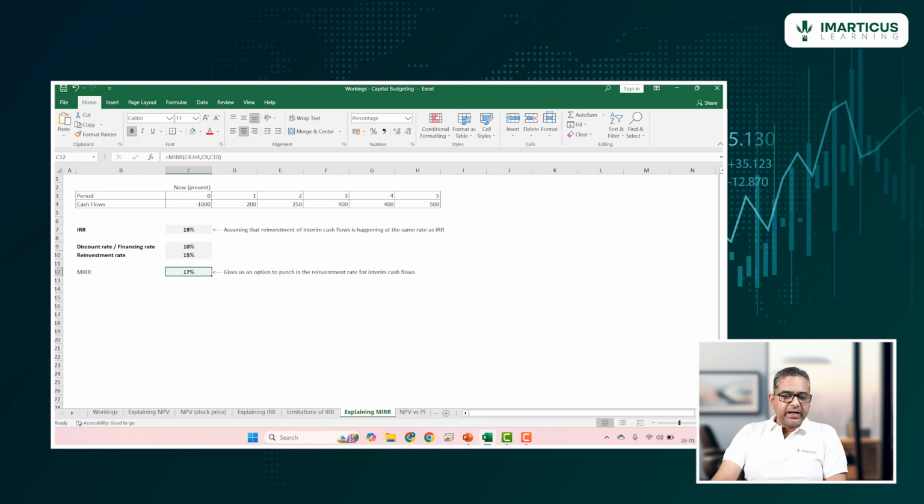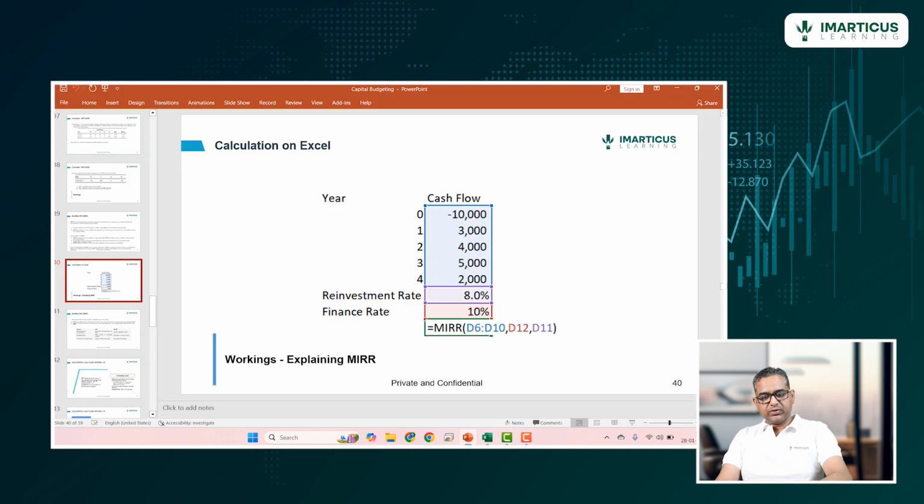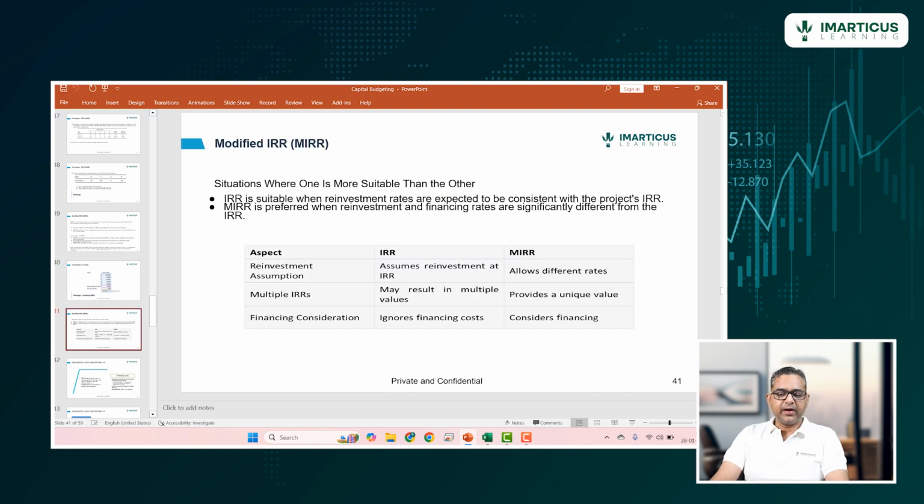So it is lower than IRR. Why? Because we are reinvesting our interim cash flows not at 19%, but at 15% only. So that is why the overall return we are getting from the project is 17%, assuming that we will reinvest at 15%. So this is the usefulness of MIRR.